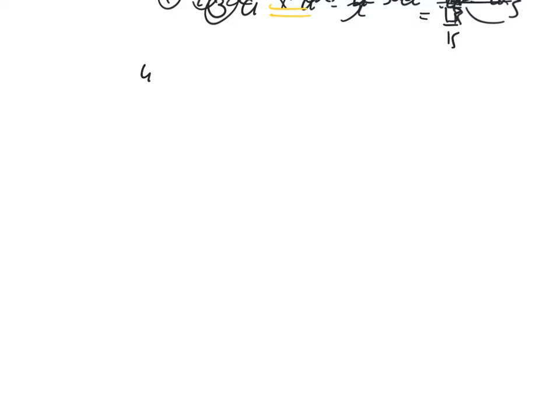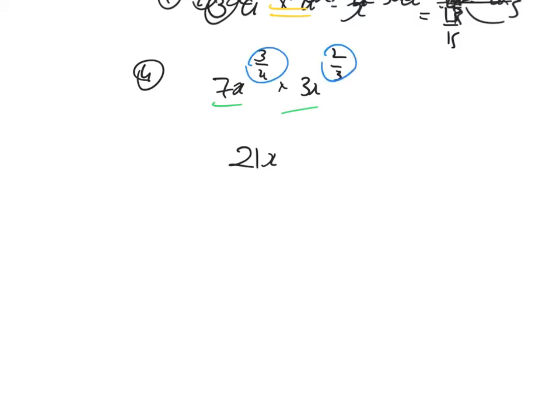Okay, example 4. 7x to the 3/4 multiplied by 3x to the 2/3. Okay, 7 times 3, dead easy, 21. Let's deal with the powers. So multiply, add the powers, 3/4 plus 2/3.